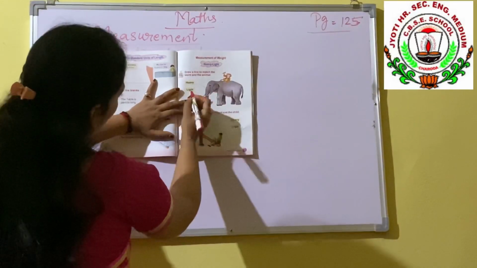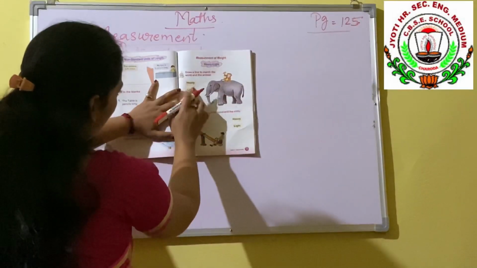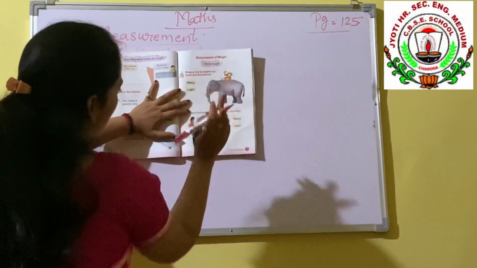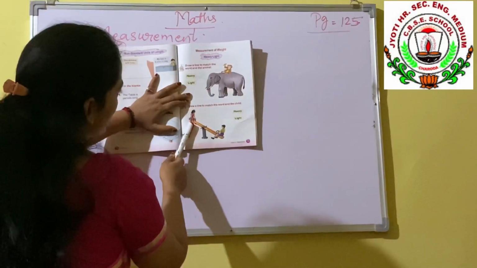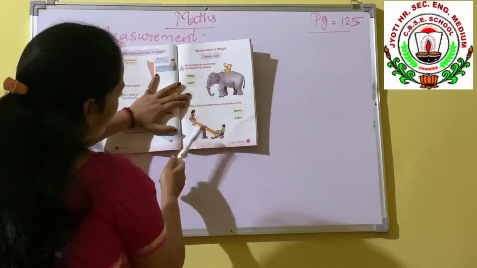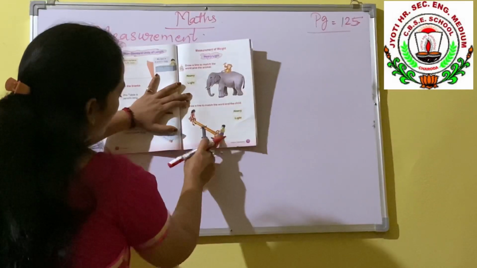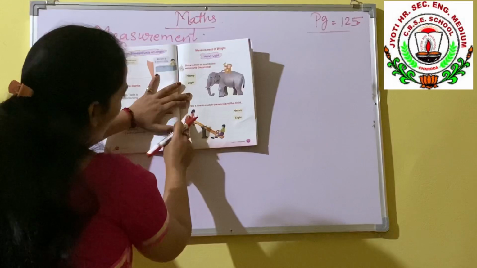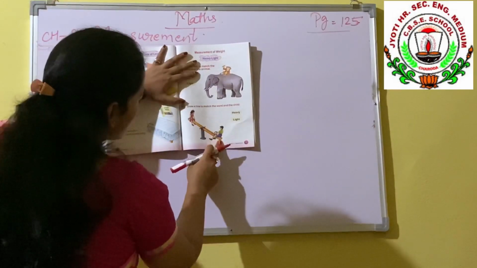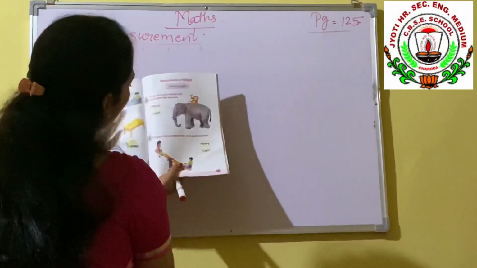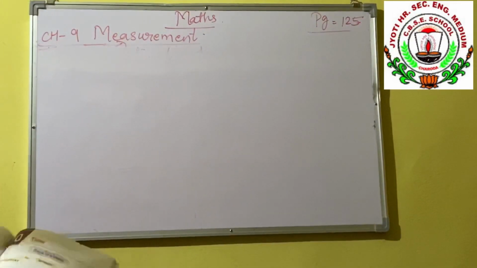So which one is light or which one is heavy? Monkey is light and elephant is heavy. Okay, here one boy and girl is playing seesaw. So girl is light because she is on the upside and boy is heavy because he is on the downside. Okay, like this only we can find which one is heavy and which one is light.